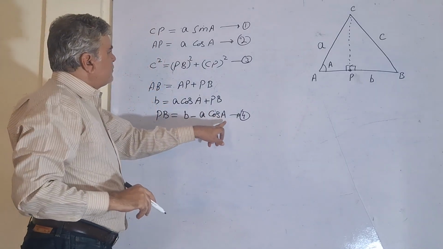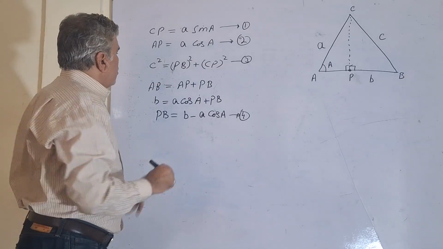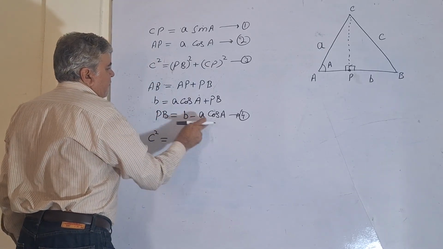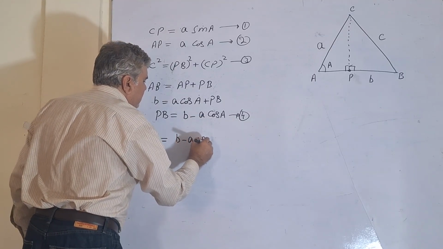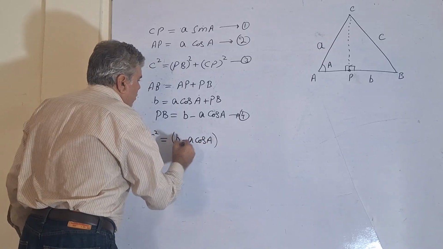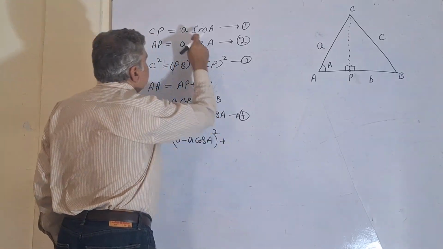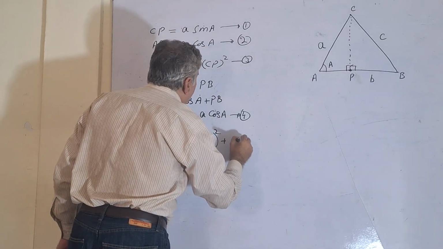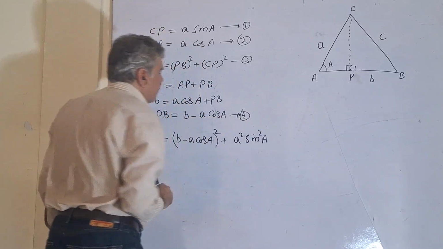Putting the values from equation 4 and equation 1 and equation 3, we can write c squared equals, for PB, b minus a times cos A, whole squared, and similarly for CP, a squared sine squared A.